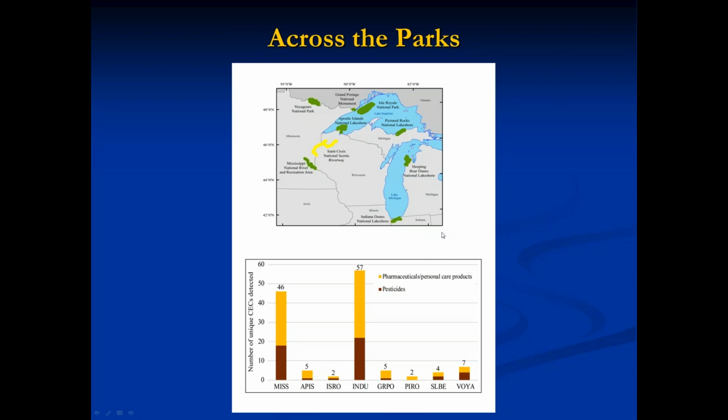Those are urban parks, and we had many, many more detections of pharmaceuticals and personal care products and even pesticides at those parks in comparison to all the other parks where we sampled, which are much more rural. So urban areas, many more detections of contaminants. And this is in line with the example that Rebecca gave from Denver as well, where they were detecting approximately 50 contaminants per sample.